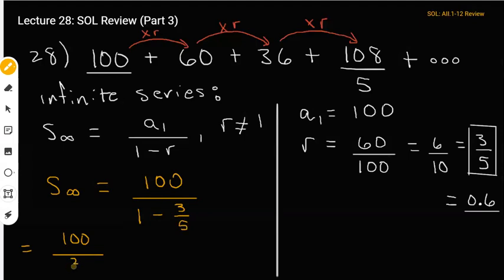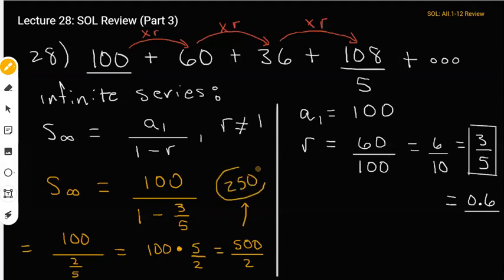That's going to be 2/5, right? So I'll put 2/5 at the bottom. And then if you're dividing by a fraction, that's the same thing as multiplying by the reciprocal. So you're actually multiplying by 5 over 2. And then if you multiply 100 by 5, you're going to get 500. You're dividing by 2 at the bottom. So 500 divided by 2 is 250. That's going to be our answer.